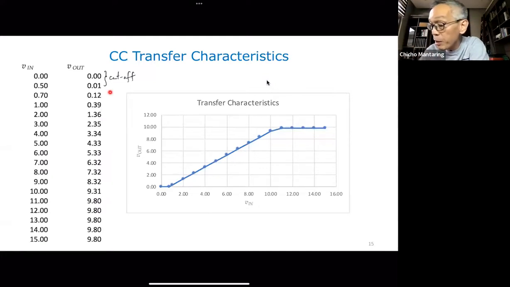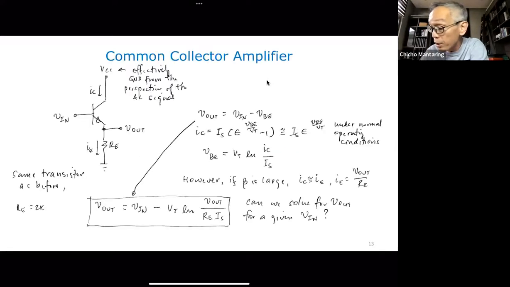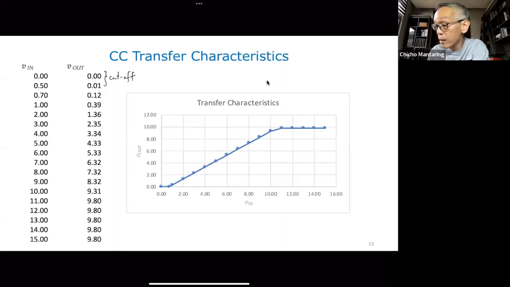At about 0.7, it starts cutting in. That's when the emitter current begins, and that emitter current will manifest itself as the voltage drop across your emitter resistor, which is your output. Your output is actually the voltage drop across R of E.